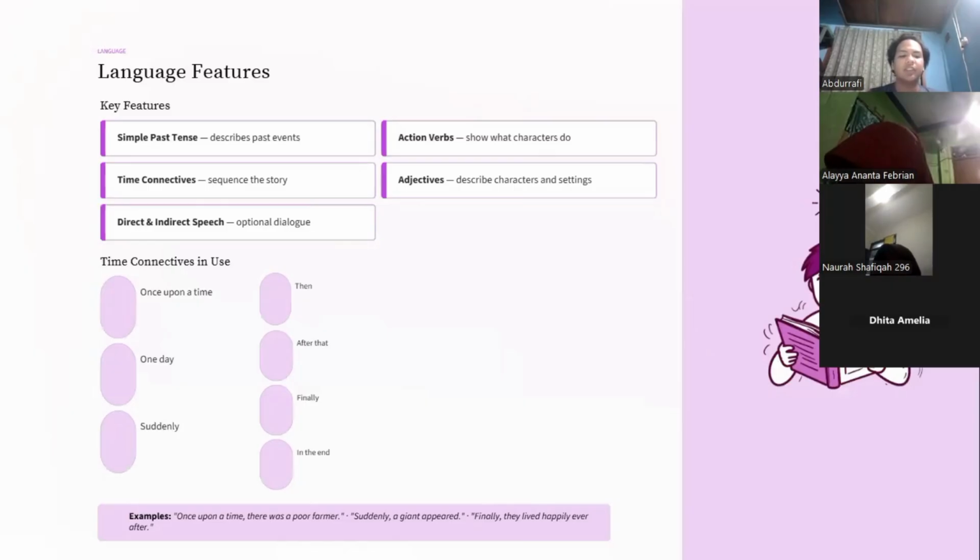Third, they use time connective to show the sequence of events. For example, once upon a time, one day, suddenly, then, after that, finally. These words help readers understand the order of the story. Narrative text also use adjective to describe people or places and sometimes direct or indirect speech.